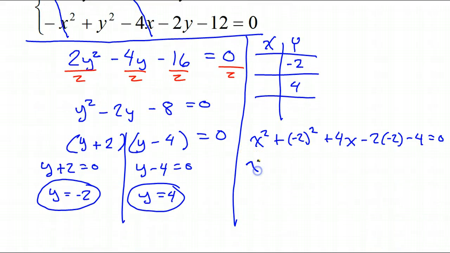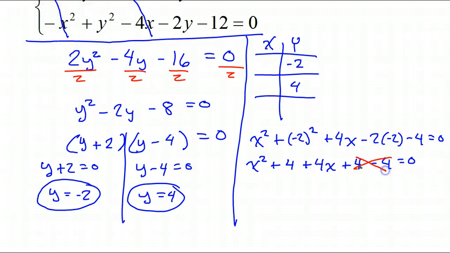So that's going to give me x squared plus 4. -2 squared is positive 4. Plus 4x. -2 times -2 is positive 4. And then I have minus 4 from right there equals 0.